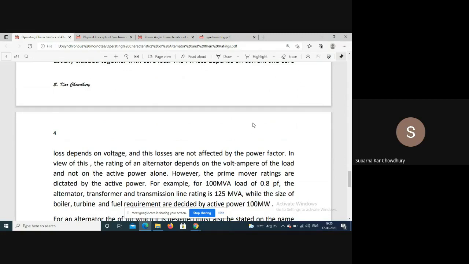The active power input is coming from the mechanical prime mover. After that, minus the losses will give you the power output of the machine. So unless we change the mechanical input or the prime mover input to the machine, the power output cannot be changed.